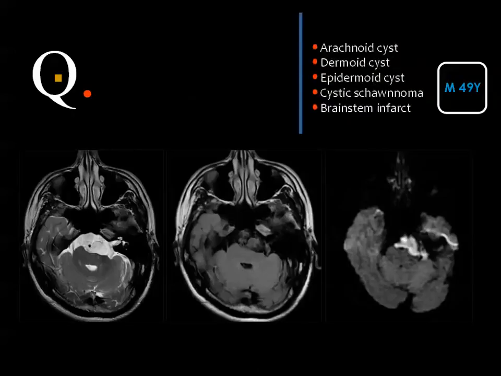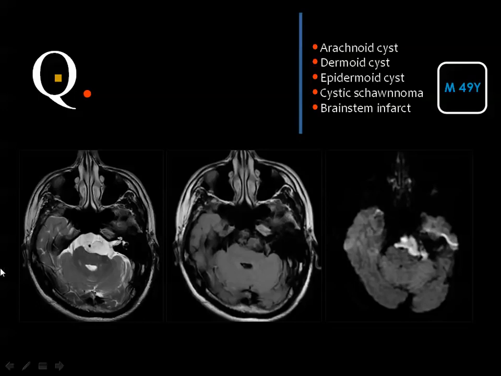MRI of the brain, axial T2, axial flare, and diffusion. There is a cerebellopontine angle space occupying lesion on the left side. Where is the description, which is extremely required in the exam?